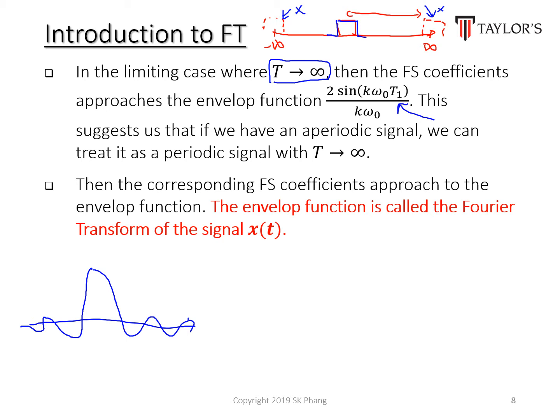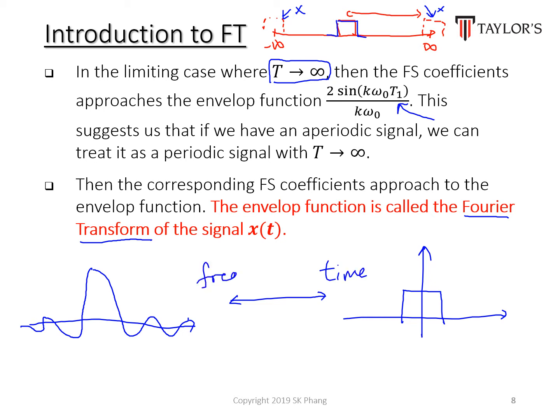Instead of calling it Fourier series, now it's Fourier transform, where we can plot a single time domain signal into the frequency domain. So let's say the time domain signal is this. And if we plot it in the frequency domain, we get a signal that looks like this. Notice that this signal is not periodic anymore, and we still manage to get the frequency response. This one is frequency and this one is time. So that is the Fourier transform for you.